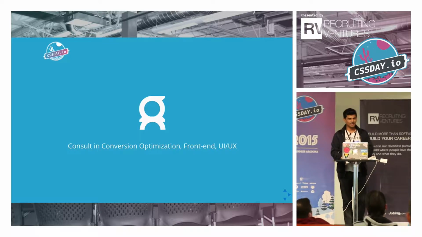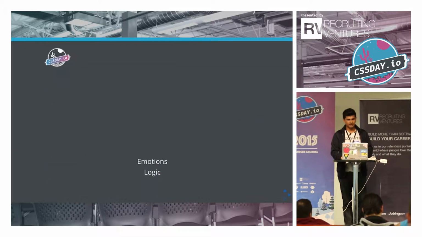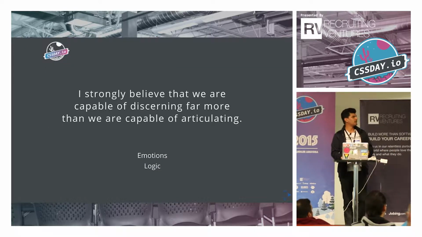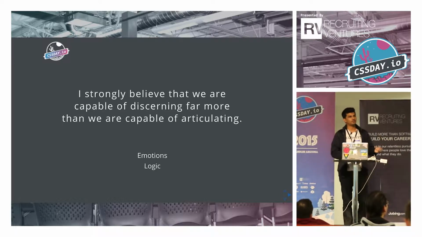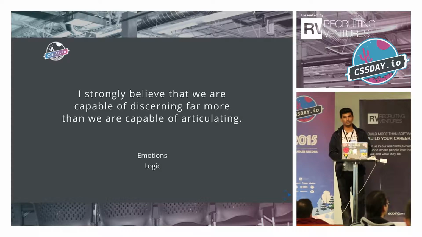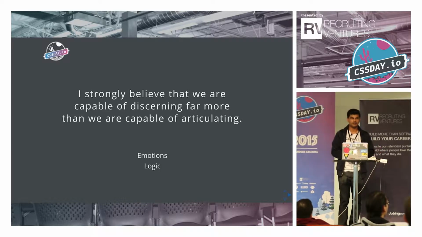The idea behind what we are going to talk about today is, one of the biggest things, I always like to start with an emotional appeal in anything I do in terms of creating an experience.